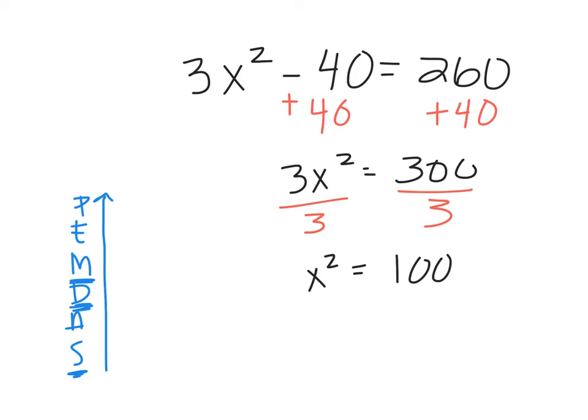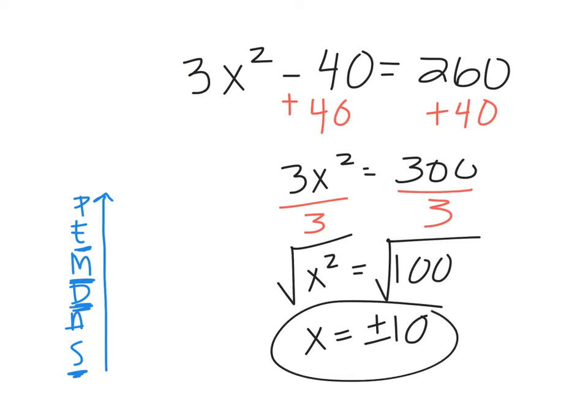And then the last thing we should be getting rid of is the exponent by using the inverse operation, which is a square root. My answer here is plus or minus 10. So I have 2 answers. My answer is positive 10, or my answer is negative 10, which we simply write as plus or minus 10.